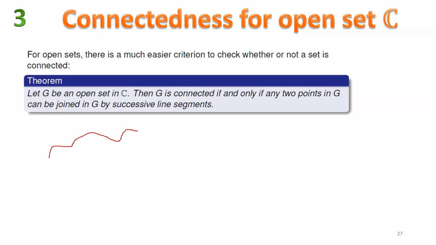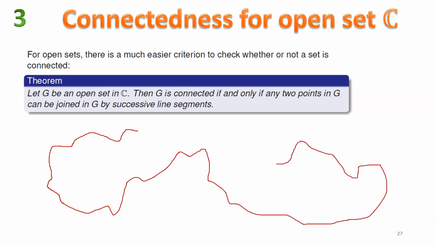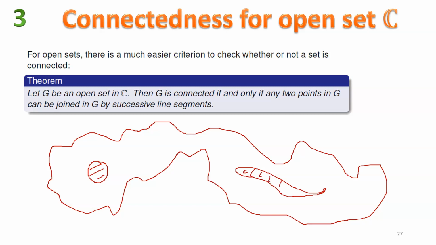That is, let us suppose that we have some object of a random shape that makes a complete contour. Now inside this region, let us suppose that there is some cavity, some hole, which is not part of the set. Here let us suppose that this is the region which is not a part of the set. Now we are considering 2 points.